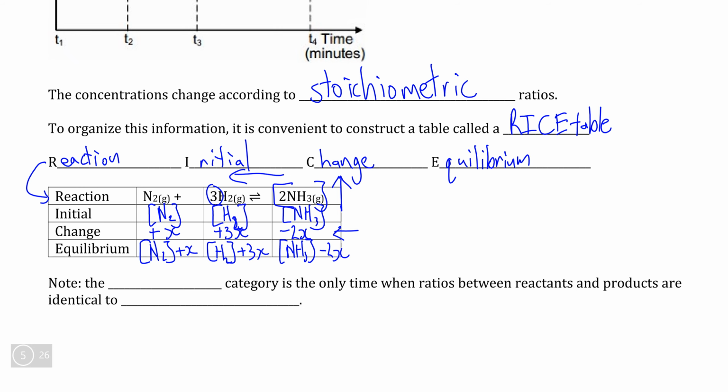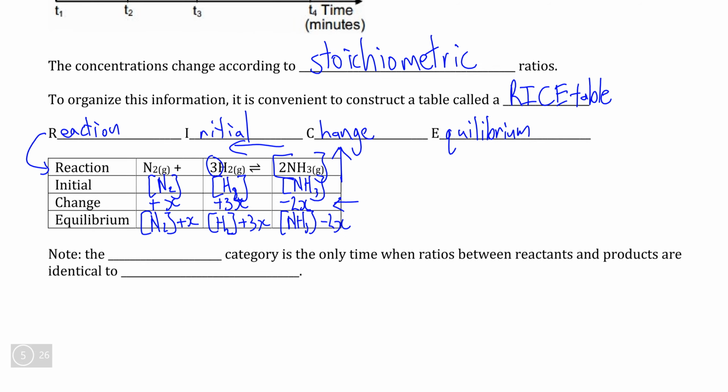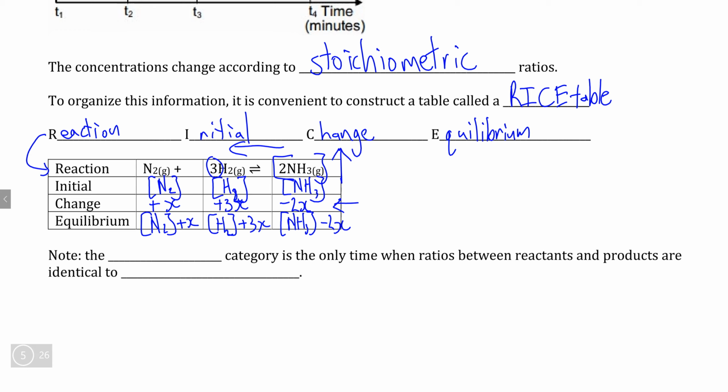One important thing to note, a lot of students when dealing with the calculations get hung up on the stoichiometric ratios because of how they handled stoichiometry calculations in Chemistry 11. The important thing to note is that the change category on our RICE table is the only time when the ratios between each of the reactants and products are equal to the stoichiometric coefficients.